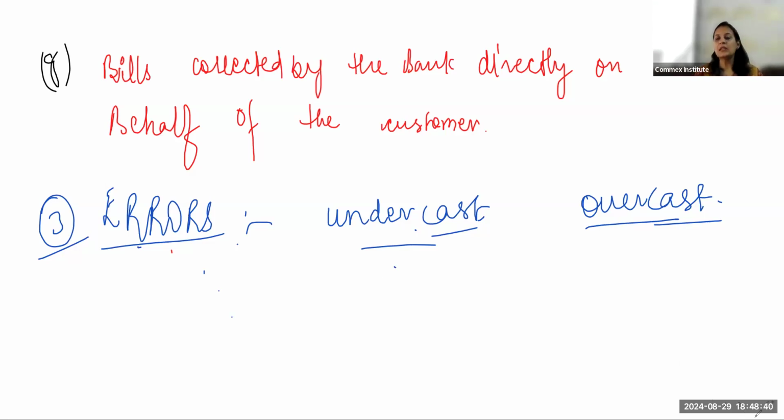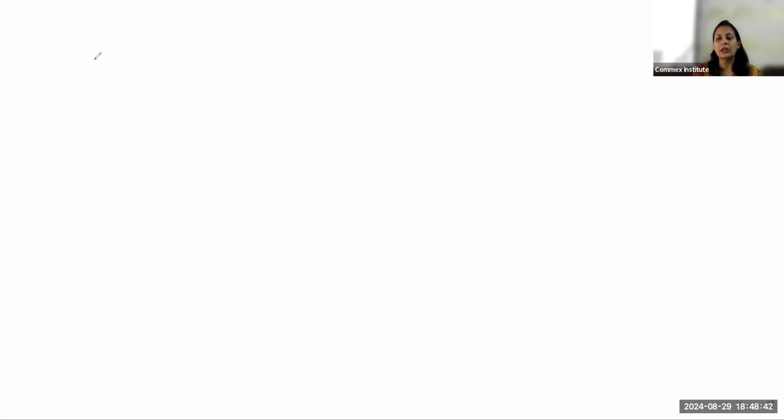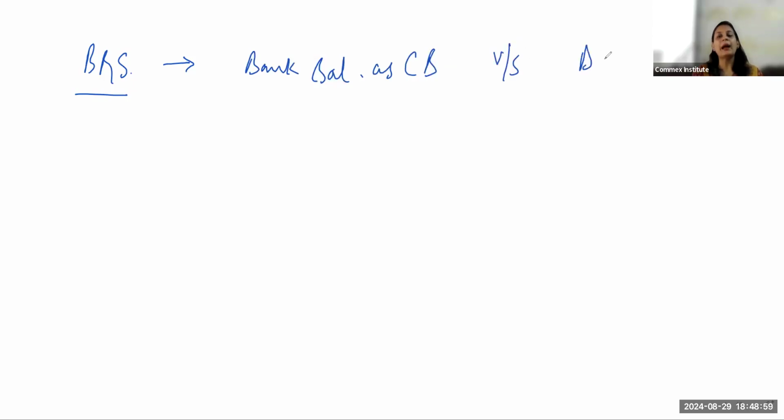Okay, so we have seen, I'm just summarizing what we've done. We talked about bank reconciliation statement, which basically tries to explain why my bank balance as per cash book is different from bank balance as per passbook.